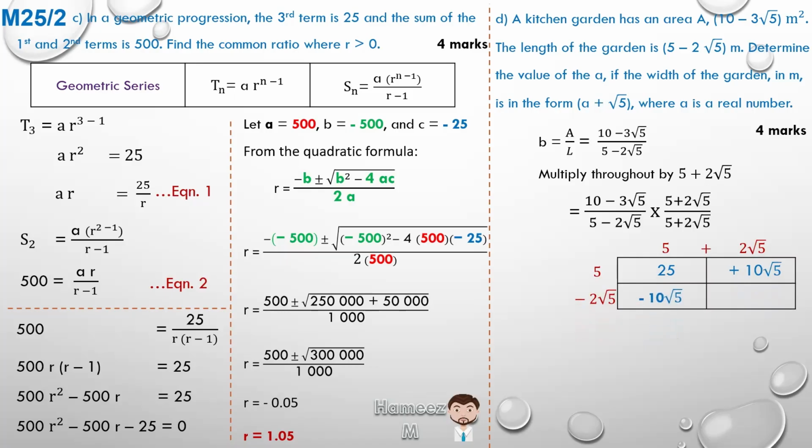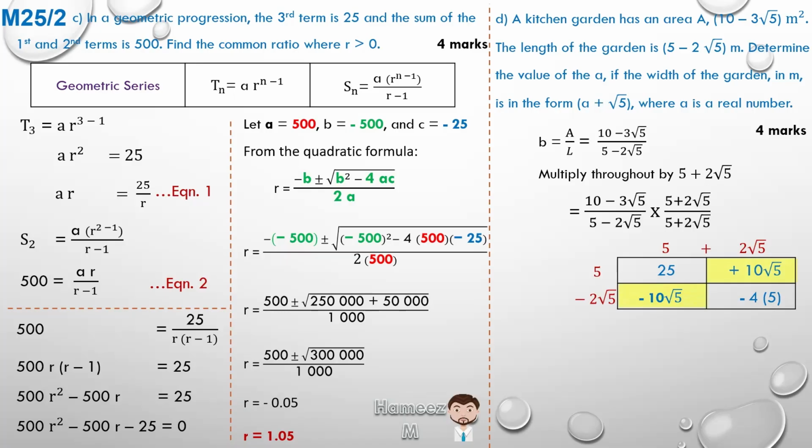And 2 2s are 4, root 5 times root 5 is 5. What do we realize? Look carefully at those four terms. The second term, 10 root 5, and the third term are positive and negative of each other. They're the additive inverse. So when we add those up, 10 root 5 minus 10 root 5 works out to be 0. We're left with 25 minus 4 5s, which is 20.